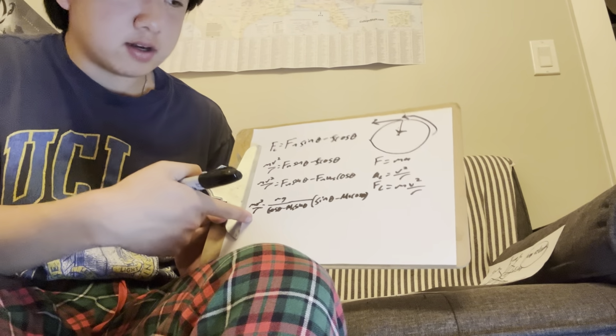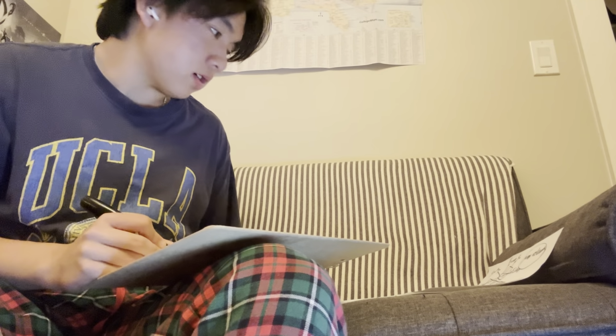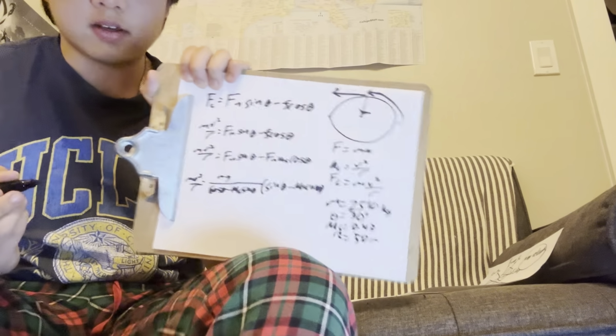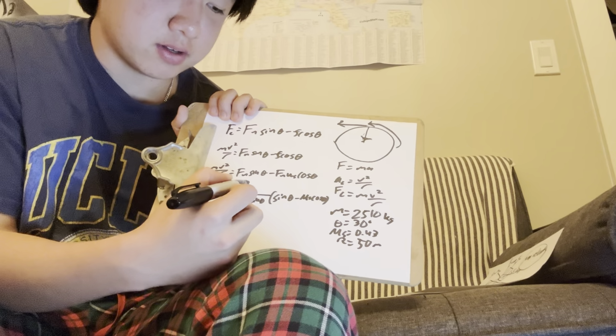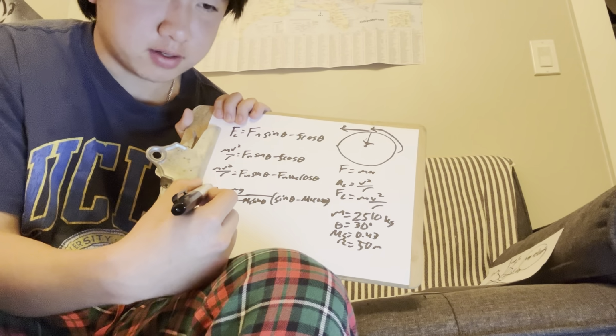Now let's go back, or I'll write it out again. Those are the variables we're given. They're all in this equation. We just have to plug it in and isolate our v over here.